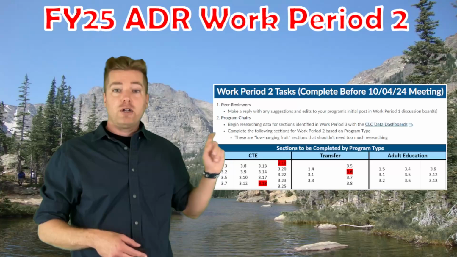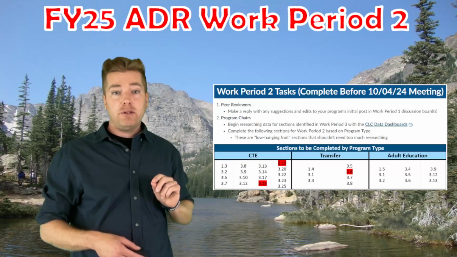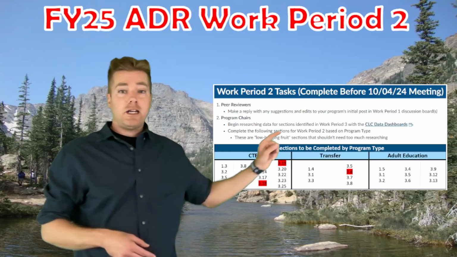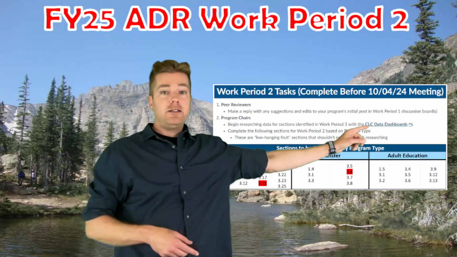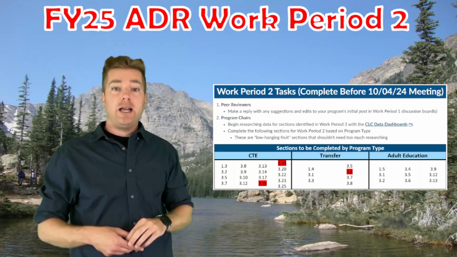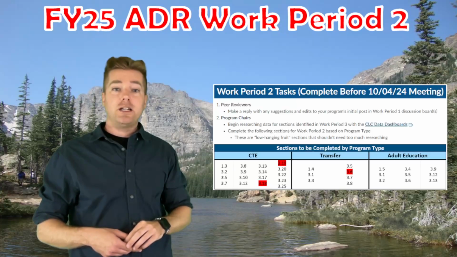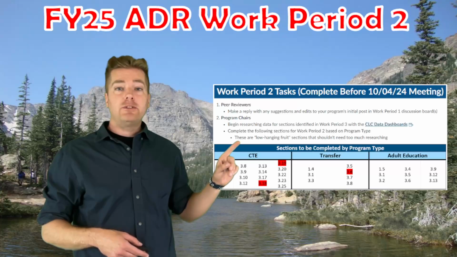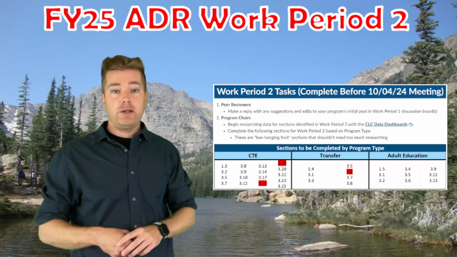Program chairs for work period 2, you're doing a couple of things. You were introduced at the meeting on Friday to the data dashboards, and the link for that is right here, that you can go in and begin pulling and analyzing data for the sections for work period 3. And then you also have to complete the sections for work period 2.